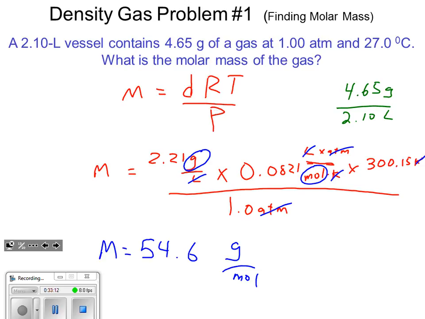I'm okay with you using 0.0821. It probably wouldn't hurt. Isn't that what we just talked about?